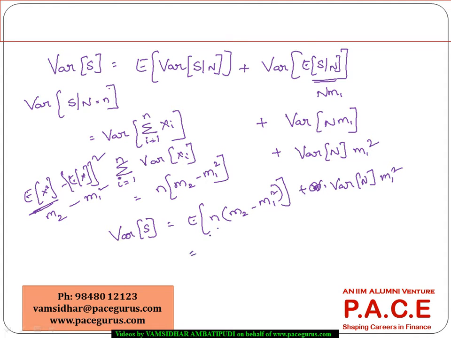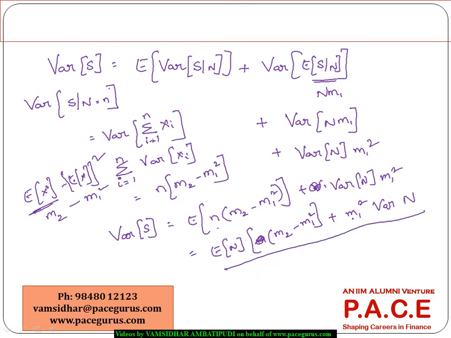Now this I can very well write as expected value of N times m2 minus m1 squared plus m1 squared times variance of N. So this becomes the value for the variance of S.